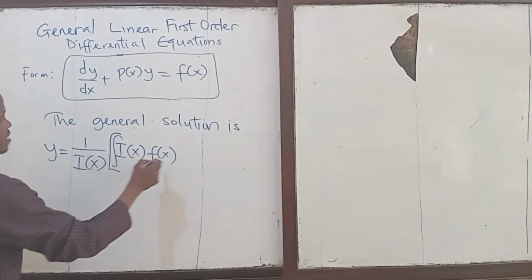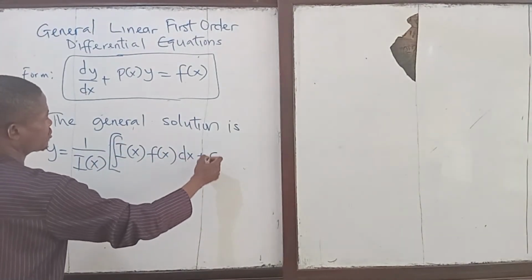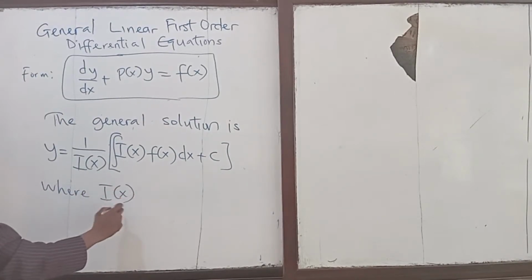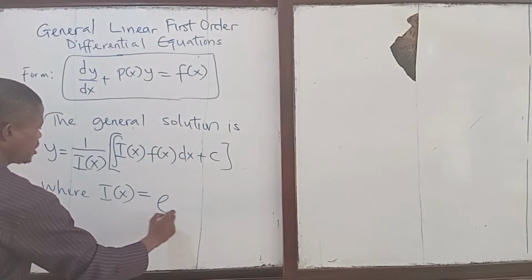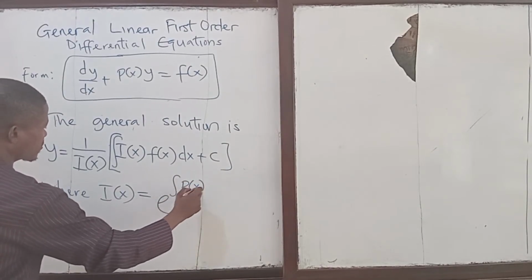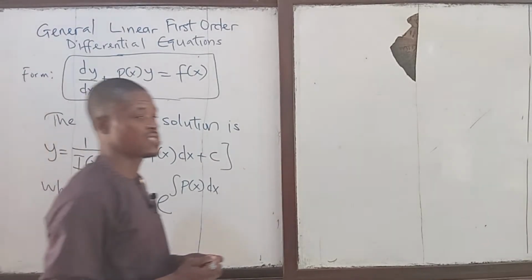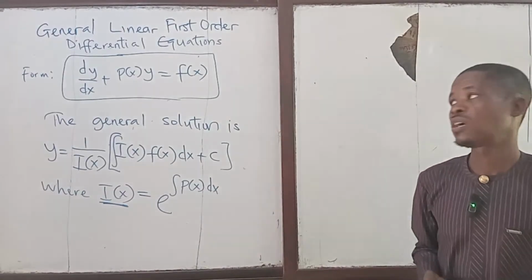Don't forget the integral sign here, dx, plus c. Where the integrating factor is equal to e to the power integral p of x dx. We call this one the integrating factor. So that's that on linear first order differential equations.